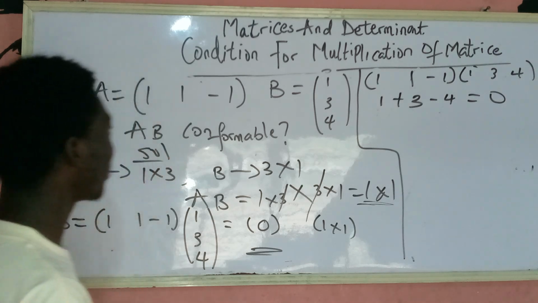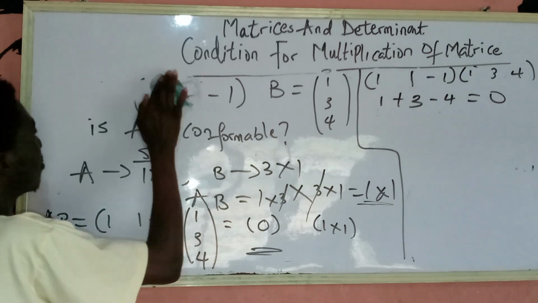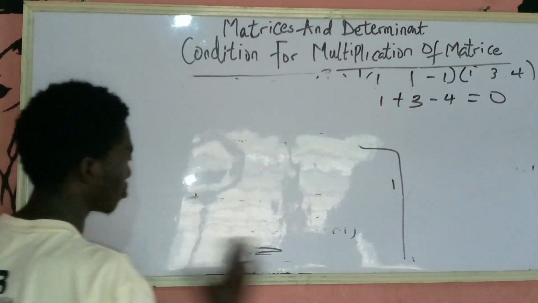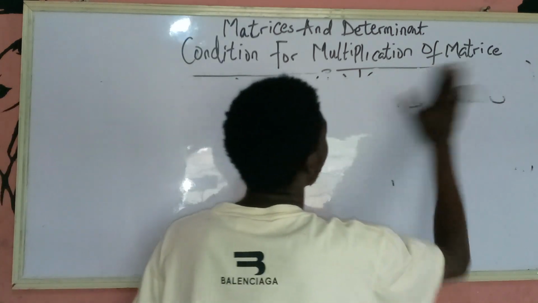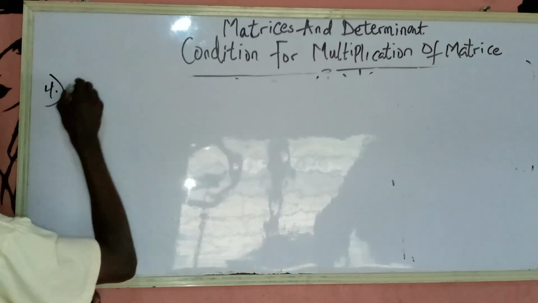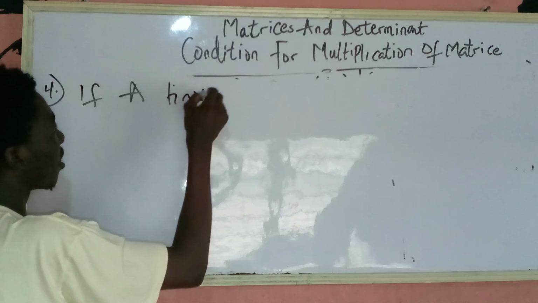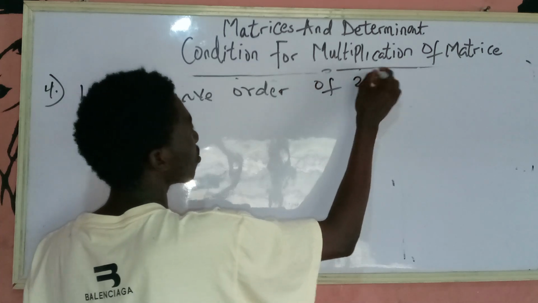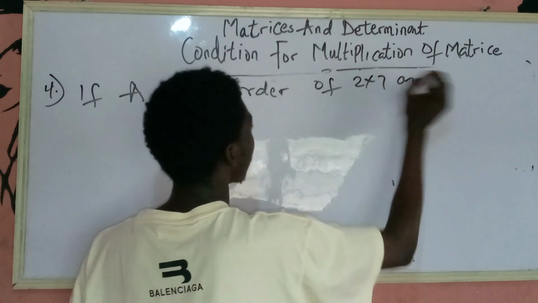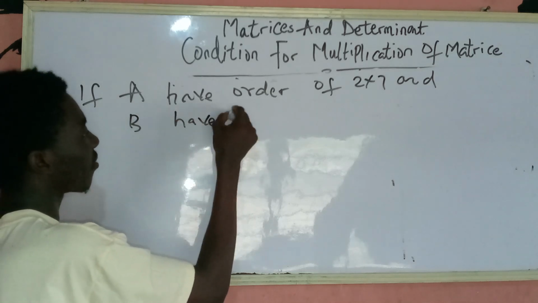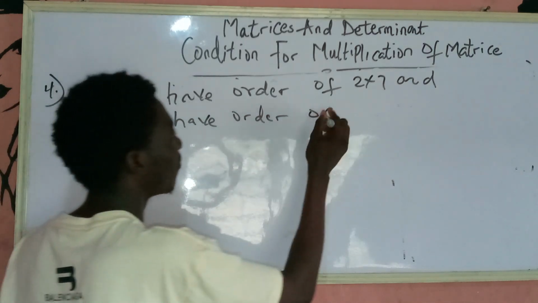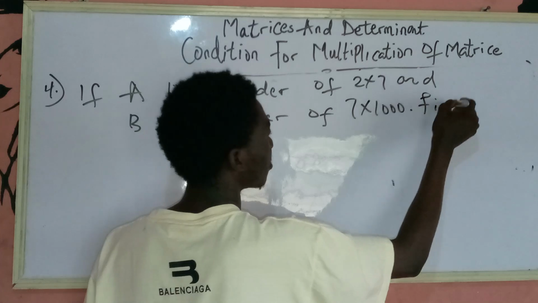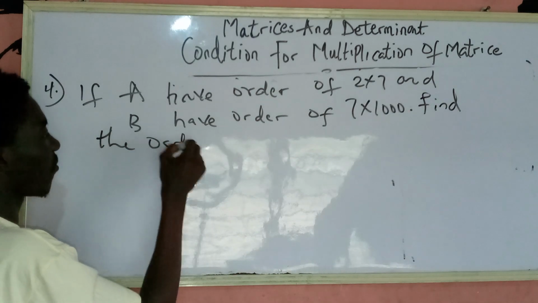I'll be doing another example. If A has order of 2 by 7 and B has order of 7 by 1000, find the order of AB.